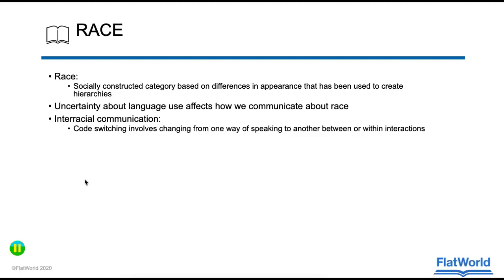It's a socially constructed category based on differences in appearance, right? Uncertainty about language use affects how we communicate via race, right? And in interracial communication, code switching involves changing from one way of speaking to another between or within interactions. So race is something that you hear about quite often, right? Therefore, we'll define race as a socially constructed category based on differences in appearance.